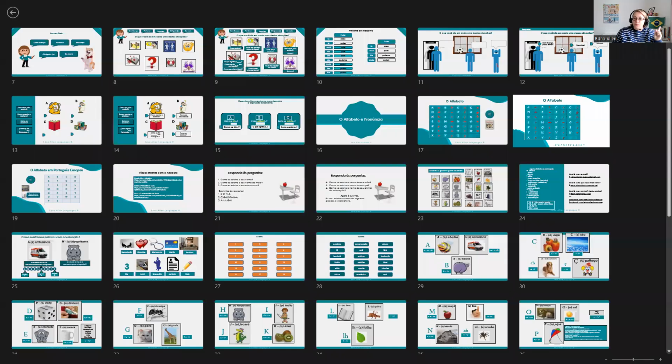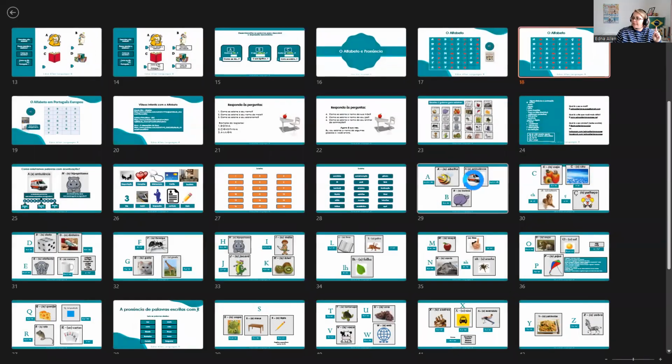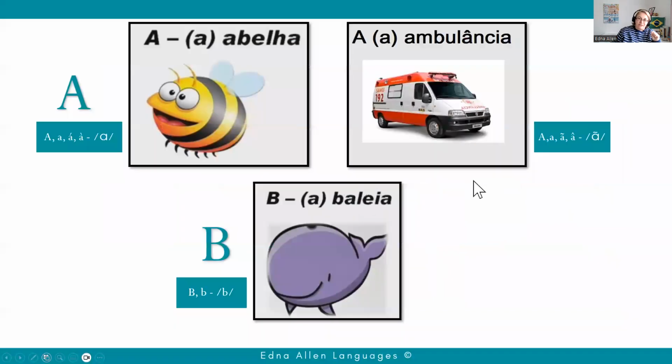And now we are going to work with the alphabet and their sounds, right? So the first letter, A, has the A or a sound. So it could be nasal. When do I know how to make it nasal? I will make this a bit more nasal when it comes before or together with an M, an N, or it has a til, right?